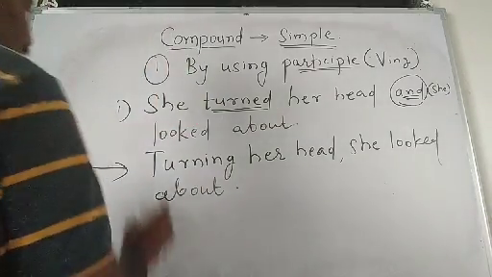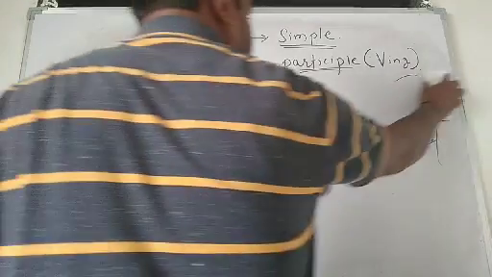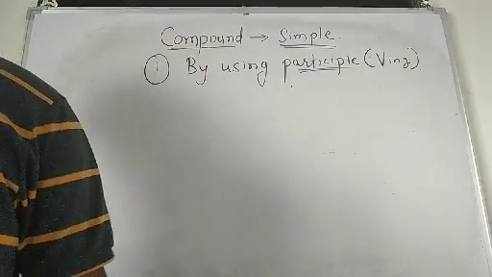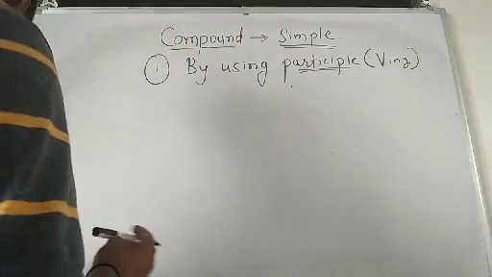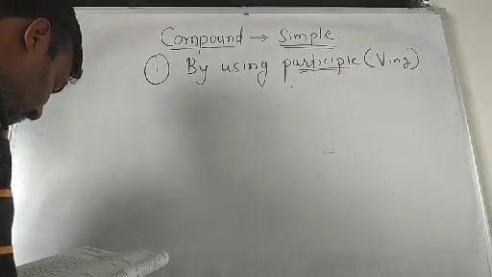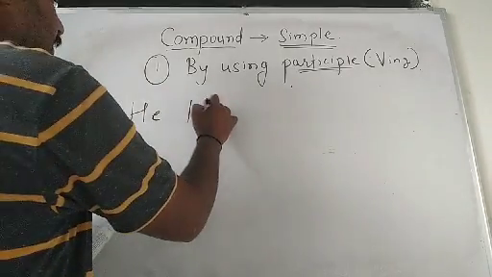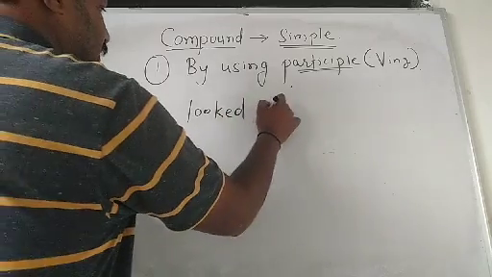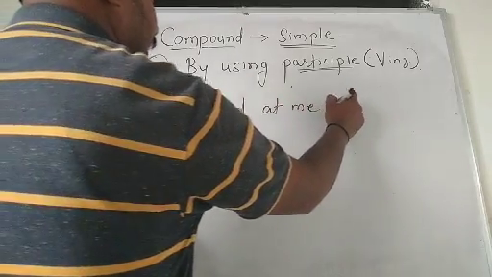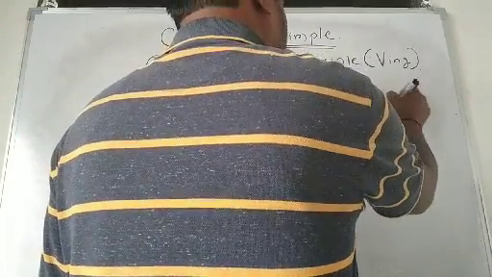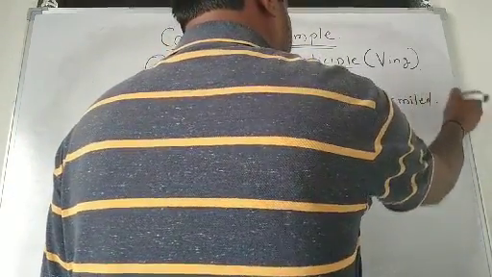Let me give you one more example of using the participle form of verb ing. Look at the example, a very simple example I am giving you. He looked at me and he smiled.